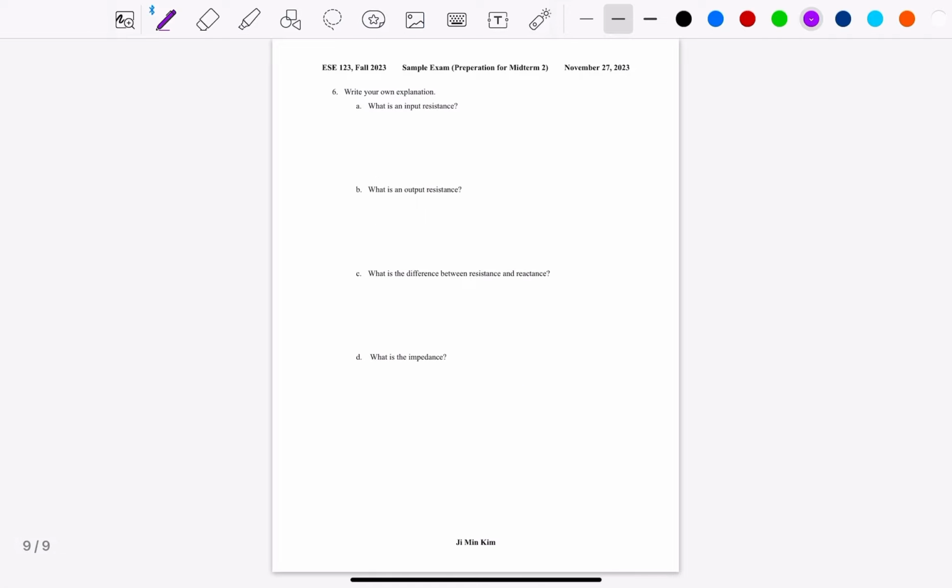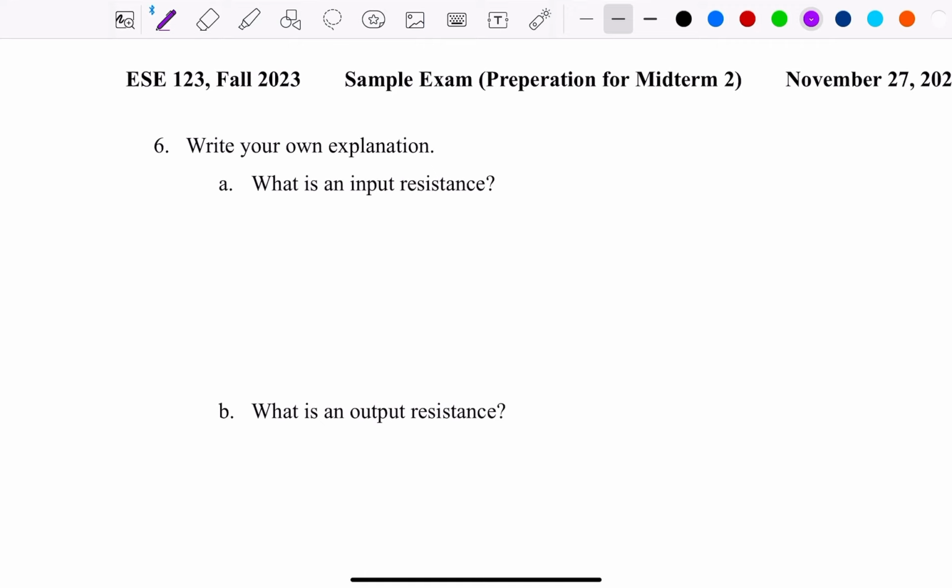So the final question is about input resistance, output resistance, reactance, and impedance. Let's just do it in this lecture. First, input resistance. This term refers to the resistance seen by a signal source when it is connected to the input terminals of a circuit or device.